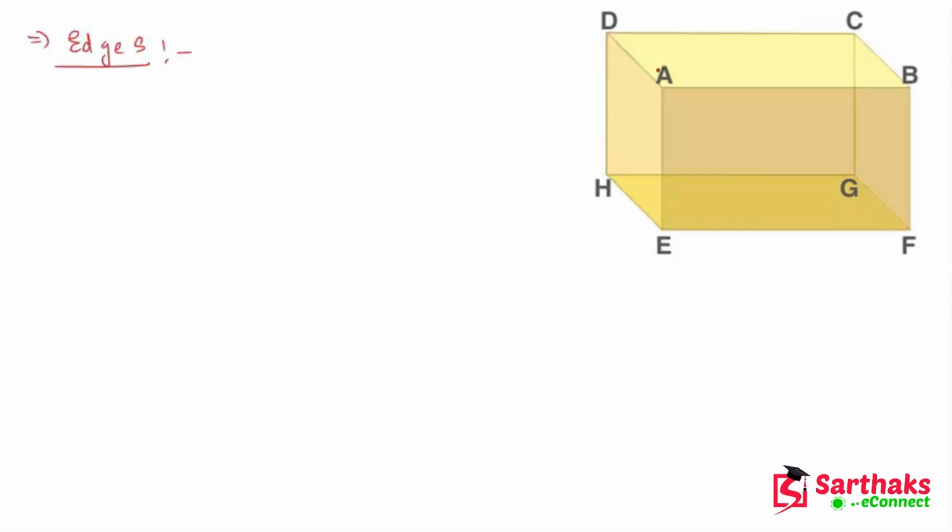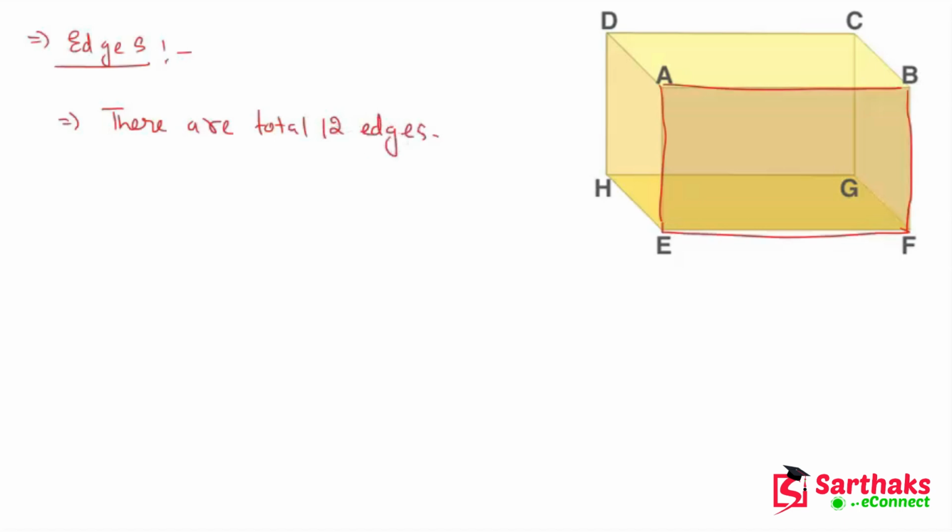So here there is AB, this is an edge, AE, this is an edge, EF, this is an edge, and BF, this is an edge. So we can say there are a total of 12 edges in the cuboid.